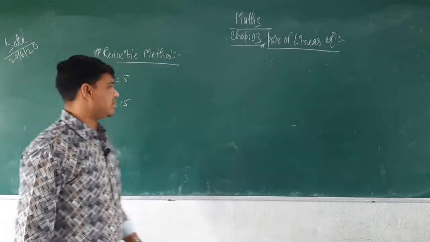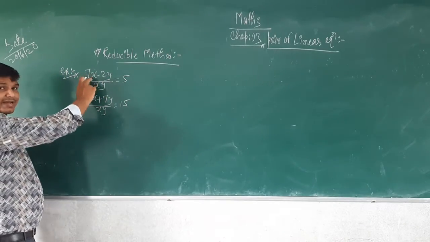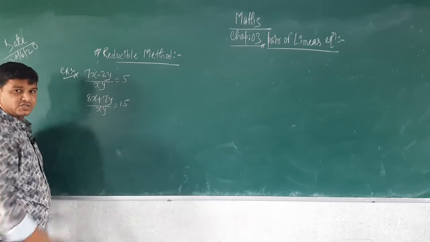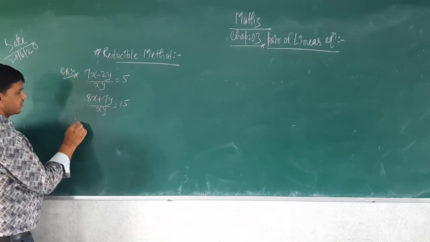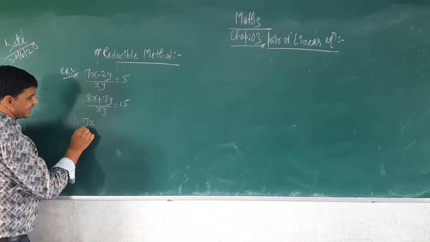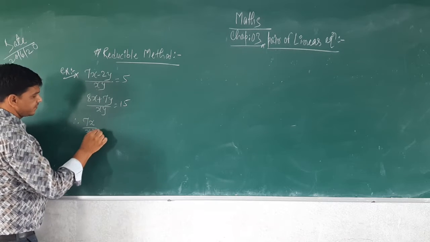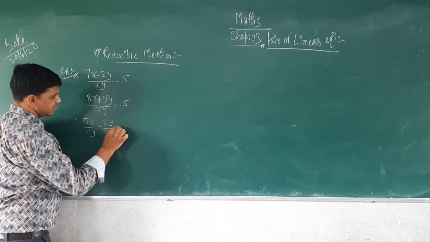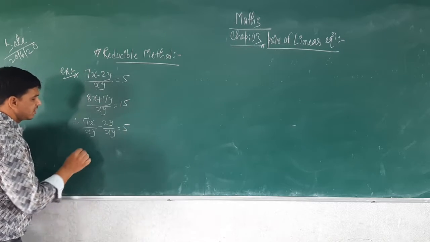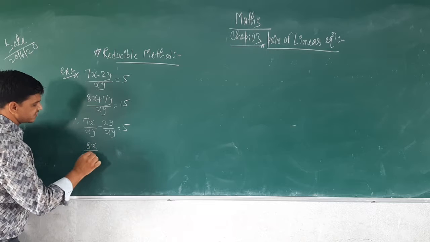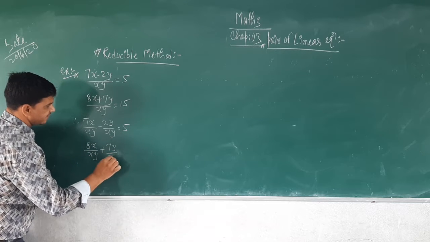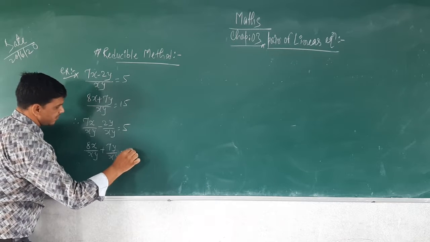First of all, there are two terms here, 7x and minus 2y, and both terms have the denominator xy. So we write it like this: 7x upon xy minus 2y upon xy is equal to 5. Next, 8x upon xy plus 7y upon xy is equal to 15.